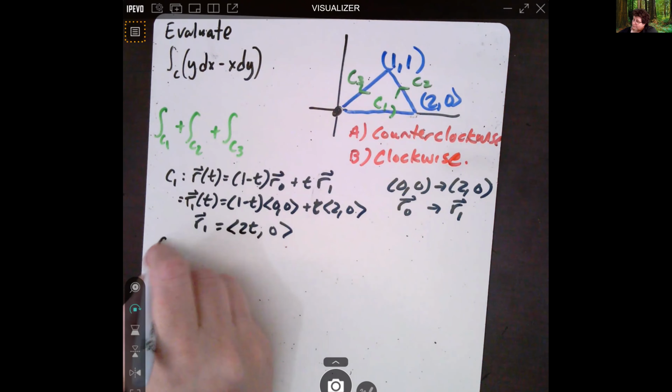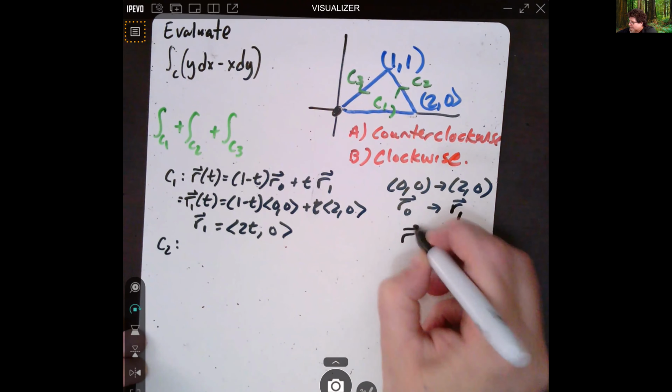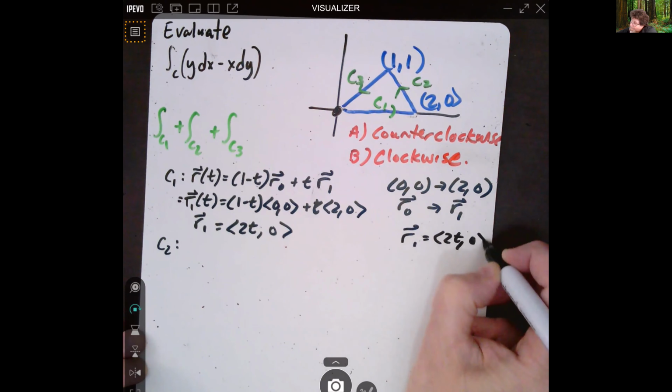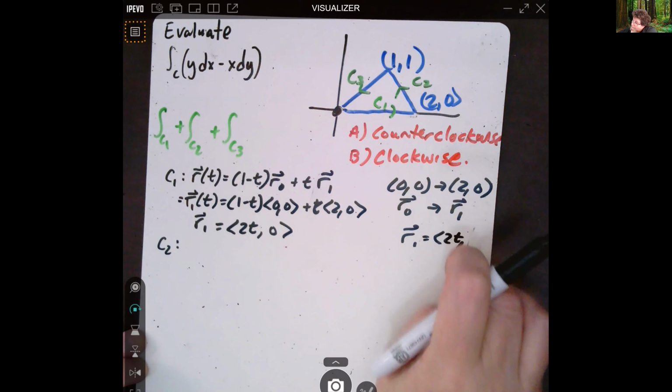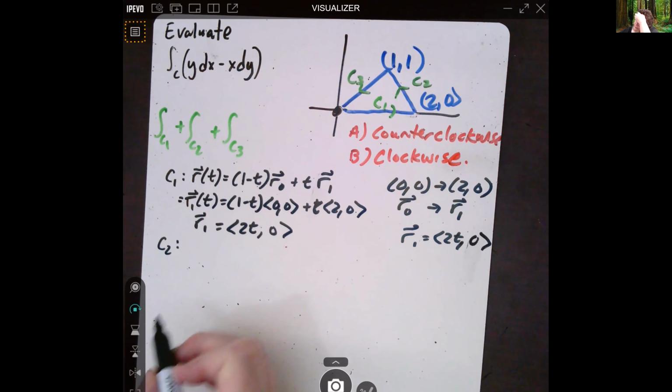Let's look at curve 2. I'm going to put this over here so I don't lose it. It's easier to find if I store it over there.